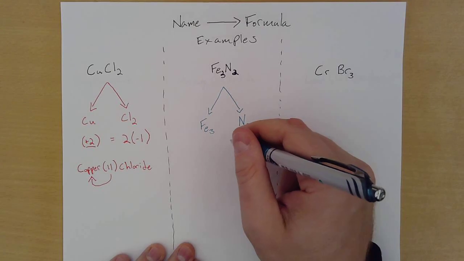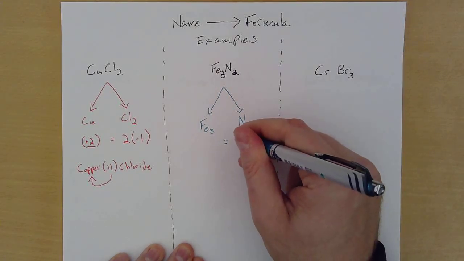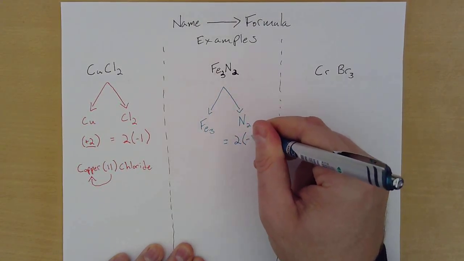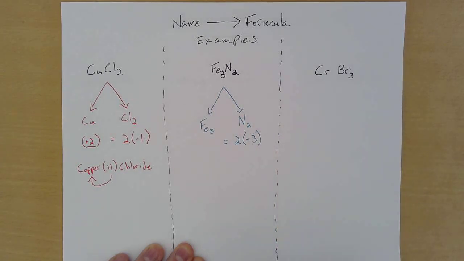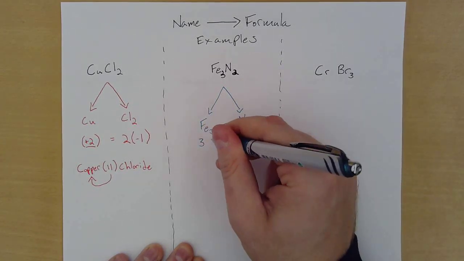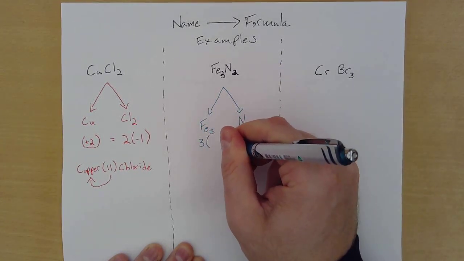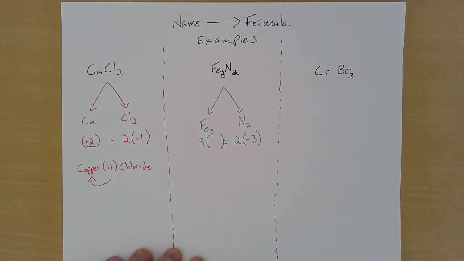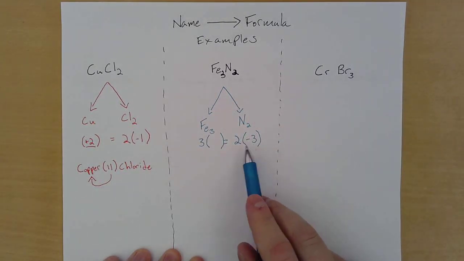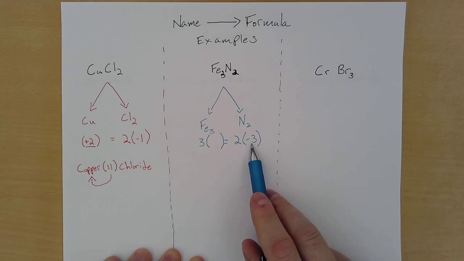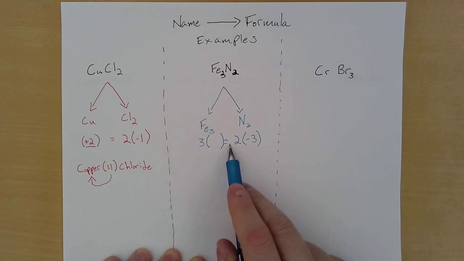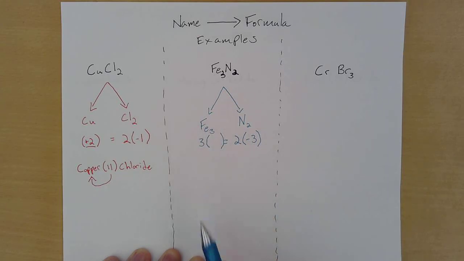So I'm going to just put down that -3 in here first, so I don't forget. Iron, I have 3 of those, and I have no idea what this charge is over here. I know it has to equal 6. 2 times 3 equals 6. That means I have 6 negative things over here, which means I need 6 positive things over here.